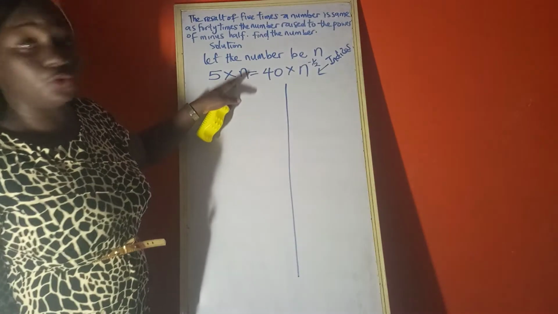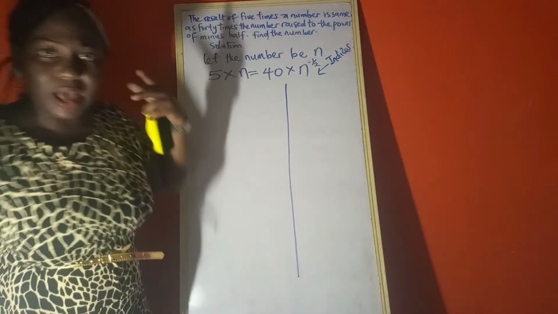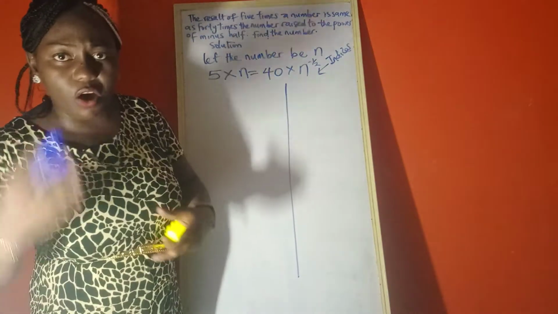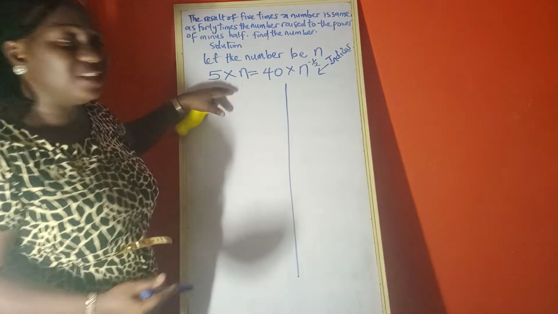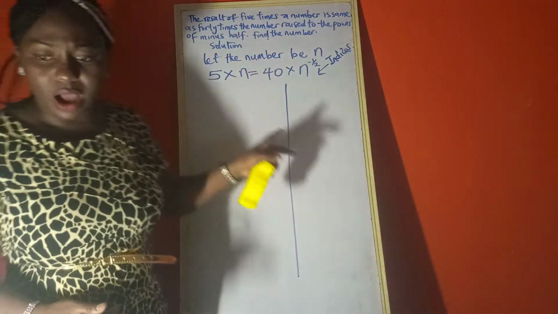It will be easy for me to do that. By the time I'm solving, I would be recalling those laws of indices, and I'll be grafting them in here to solve the problem accurately.